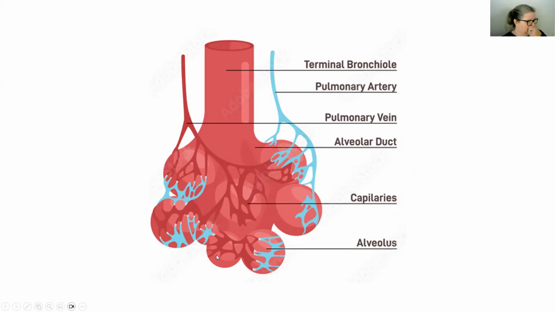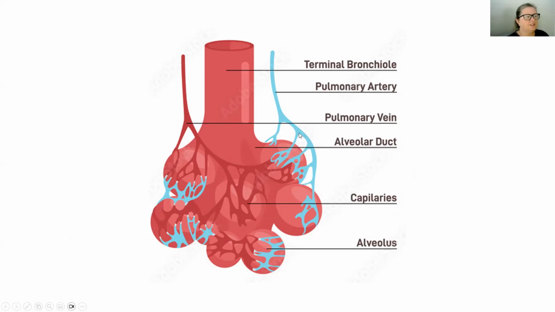They're all surrounded because this is where gas exchange happens. And remember how I told you that deoxygenated blood comes in as blue, oxygenated blood comes in as red. In this particular instance, it's not coming in so much as it's going out that way.